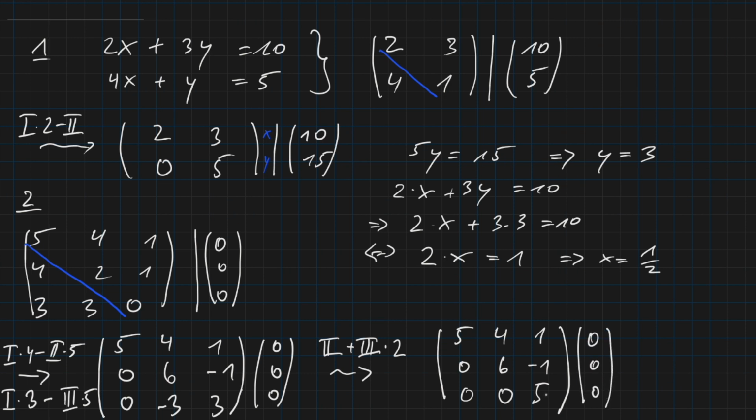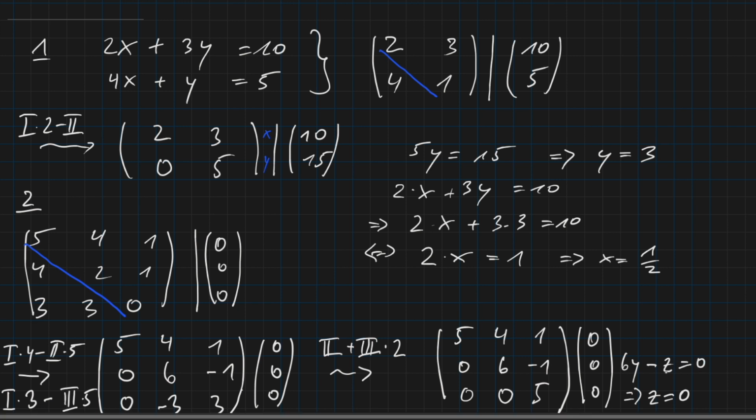And then we have 5 times z equals 0, which means z equals 0. And then we have 6y minus z equals 0, but z is 0, so we have 6y equals 0, means y is 0.